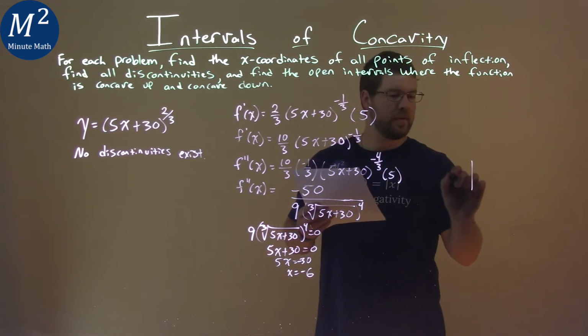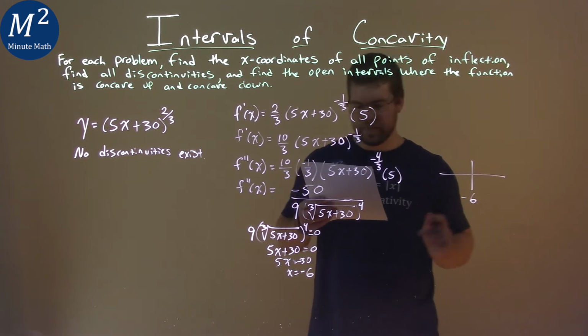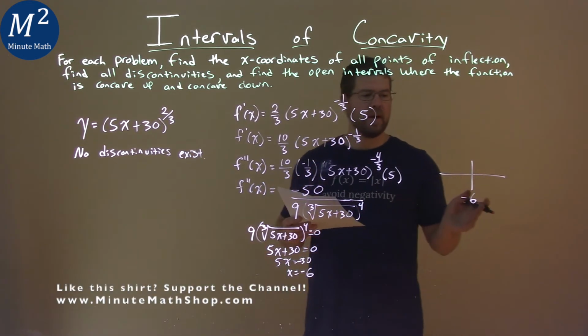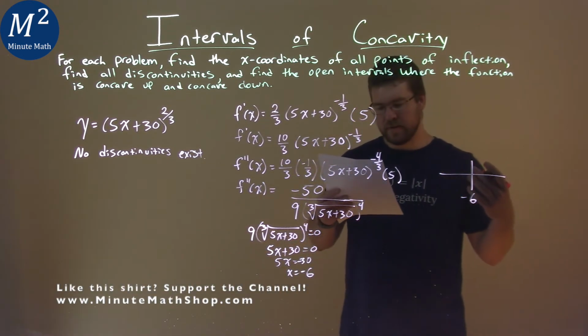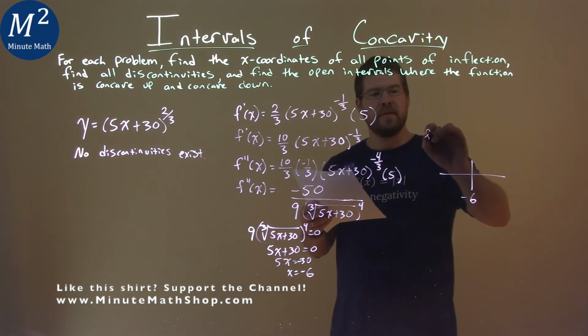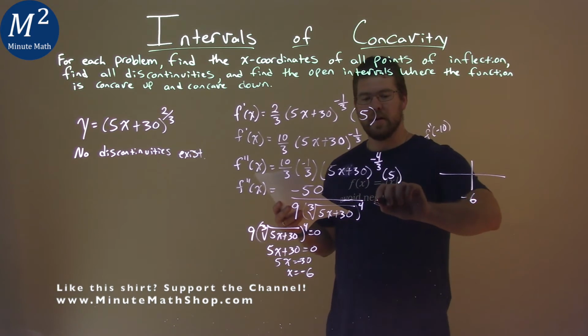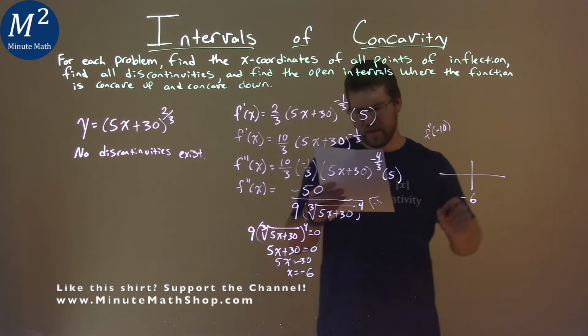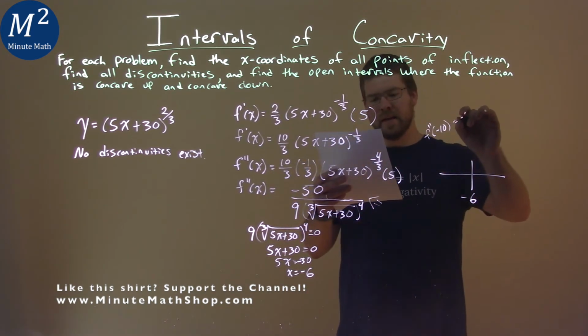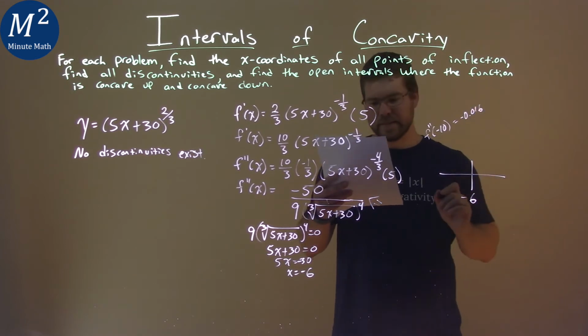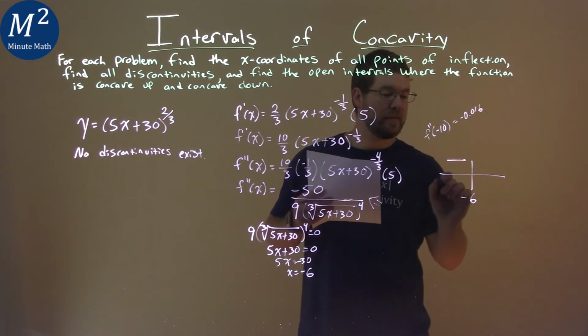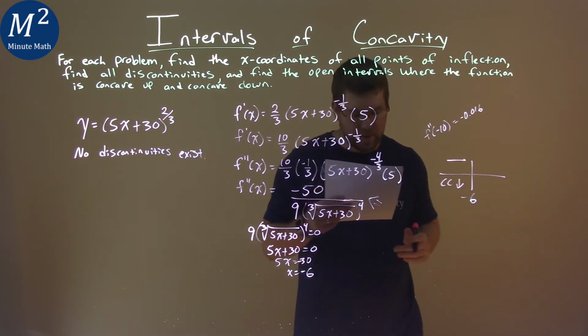Alright, we do our second derivative test here at negative 6. I'm going to pick a value less than negative 6 and greater than negative 6. So I pick negative 10, and f double prime of negative 10, plugging into the second derivative right here, came out to be negative 0.016. I just care that it's negative, and we're concave down here.